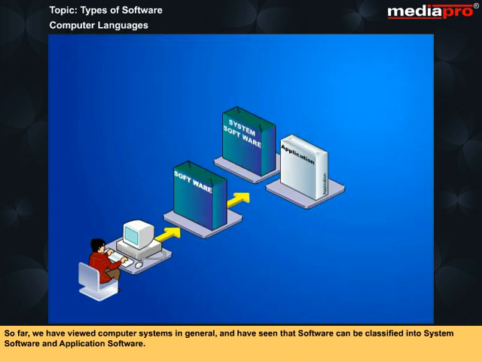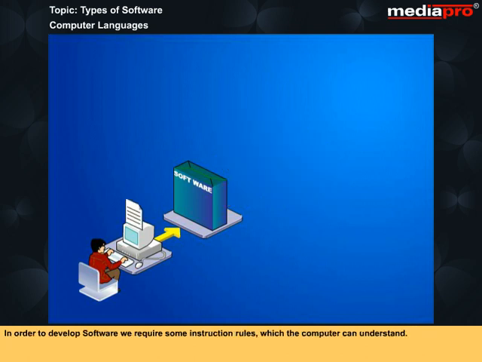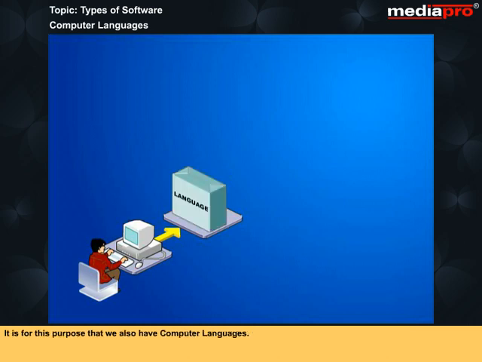So far, we have viewed computer systems in general and have seen that software can be classified into system software and application software. In order to develop software, we require some instruction rules which the computer can understand. It is for this purpose that we also have computer languages.